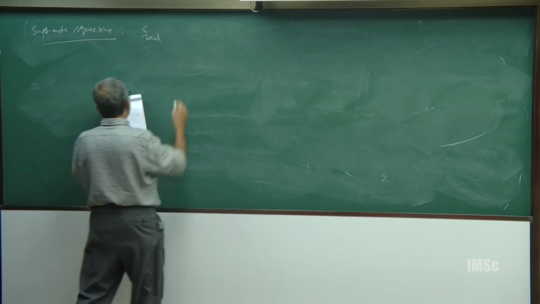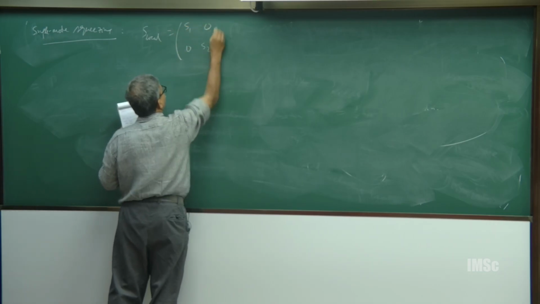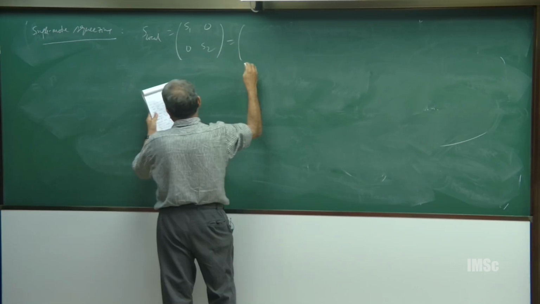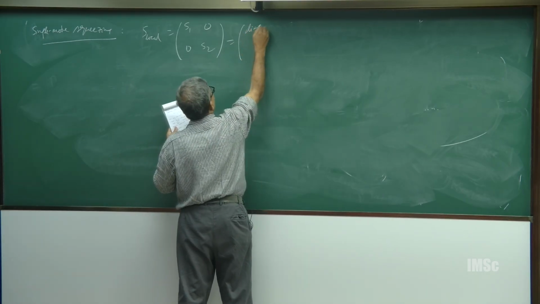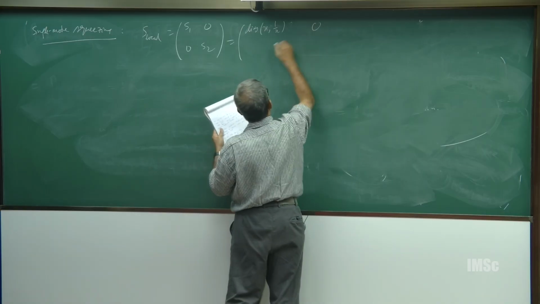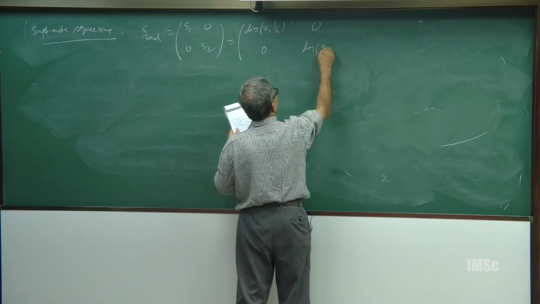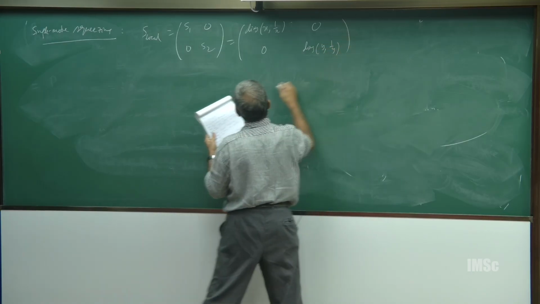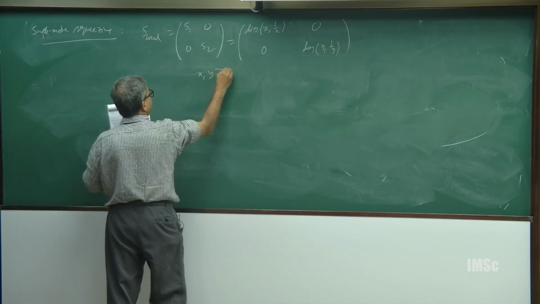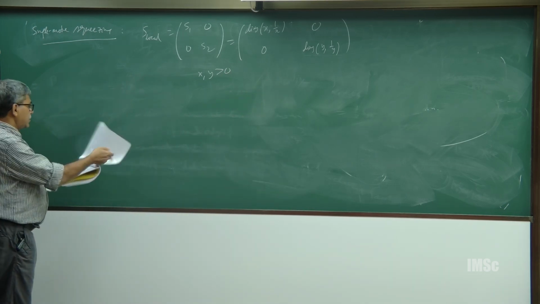So, S local is S 1 0 0 S 2, which is basically diagonal of x, 1 by x, and 0 0, and diagonal of y and 1 by y. Here you can take x and y to be positive. This is your squeezing transformation.